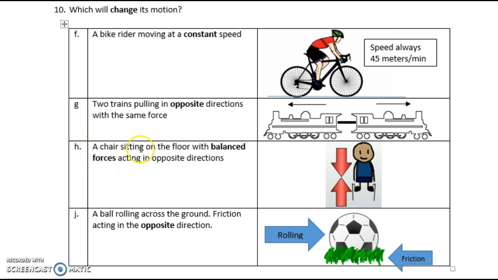H. A chair sitting on the floor with balanced forces acting in opposite directions. J. A ball rolling across the ground. Friction acting in the opposite direction. Which will change its motion? The bike, the train, the chair, or the ball?